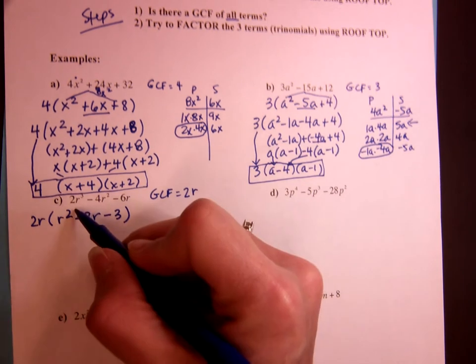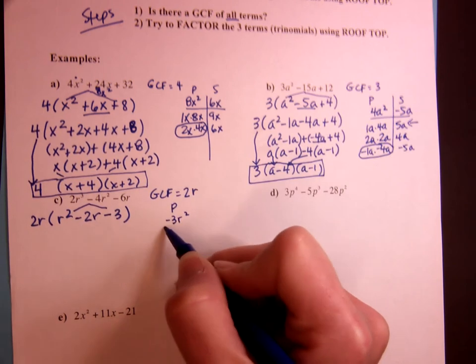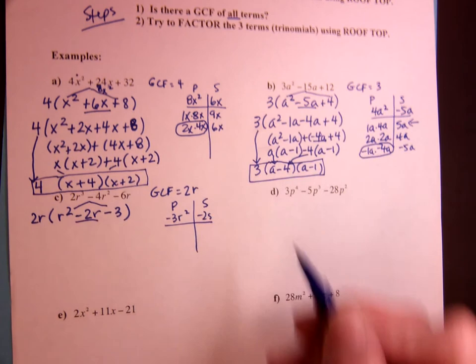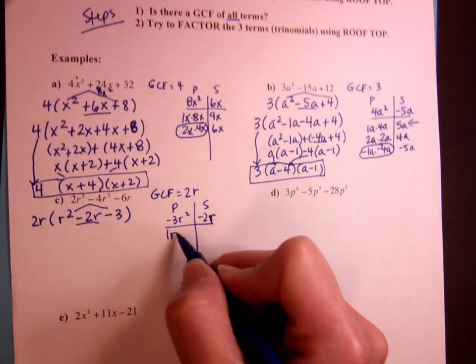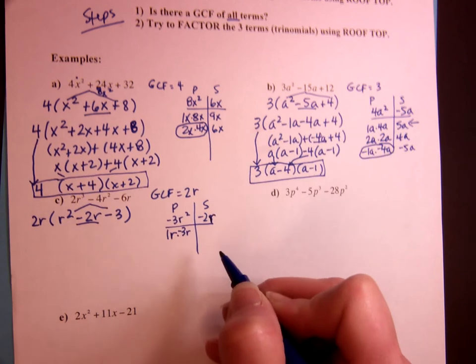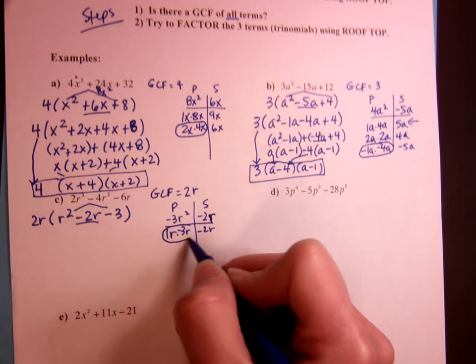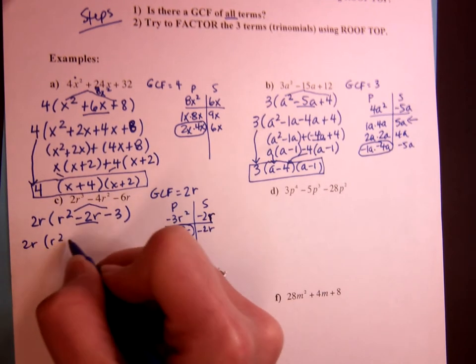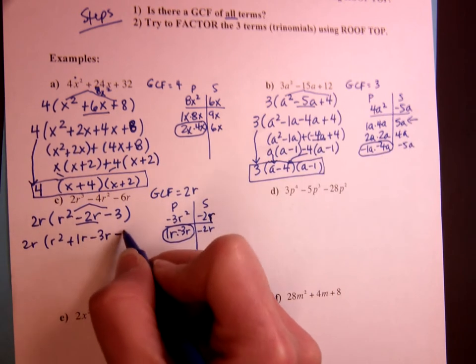So we're going to multiply to negative 3r squared, and we're going to add to that middle term. So we've got 1r times negative 3r, and if we add those, it gives us exactly what we need. So that's what we're going to write inside where that middle term is. So we'll do plus 1r minus 3r minus 3.